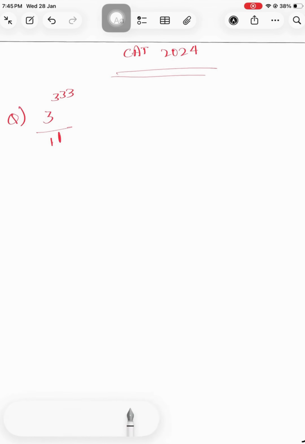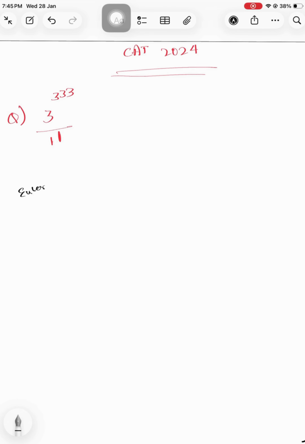Yes we can, because 3, the base value, and this 11 have an HCF of 1, and for that reason, as per Euler's theorem, 1 has to be subtracted from this denominator value 11. So this 11 minus 1 results to 10.